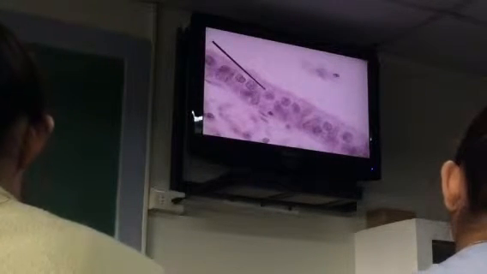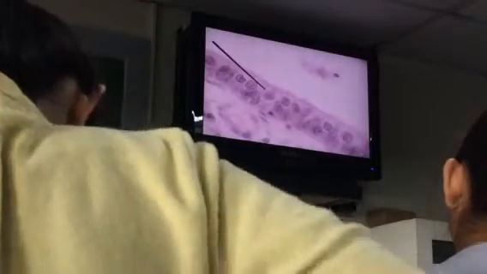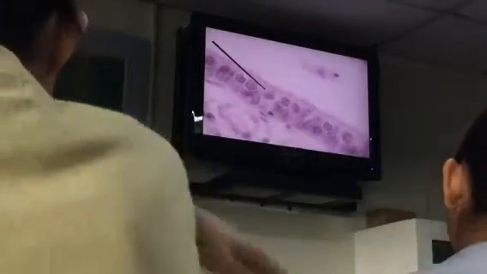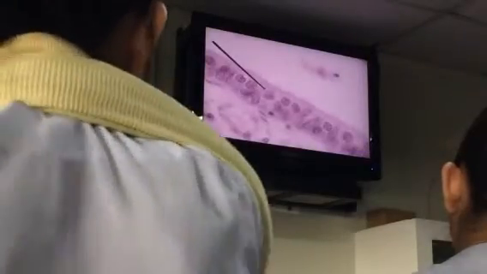Okay? So, generally, makikita mo siya medyo parang wala. It's larger with a clearer cytoplasm. Okay? So, briefly, let's go to uterus. The uterus is made up of 3 layers.